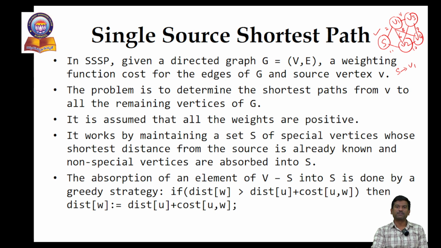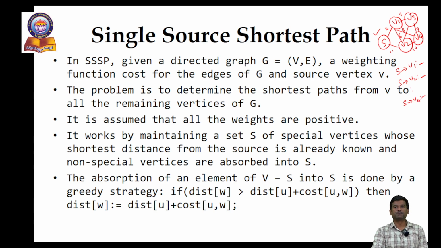And the problem of the single source shortest path is to find the shortest distance that can be reached from the source vertex, that is s, to all other remaining vertices: s to v1, what is the shortest distance, s to v2, what is the shortest distance, and so on, for however many vertices are present within the given graph.